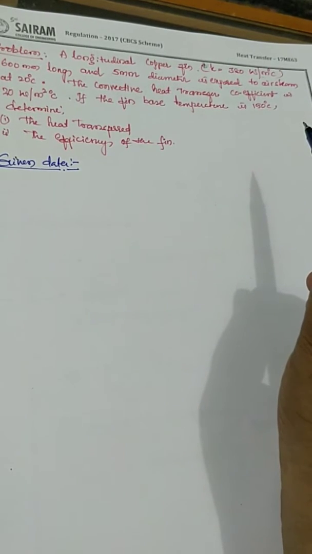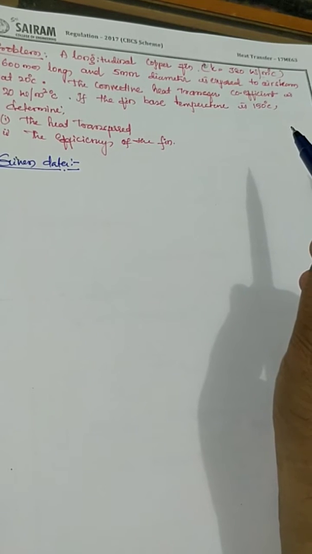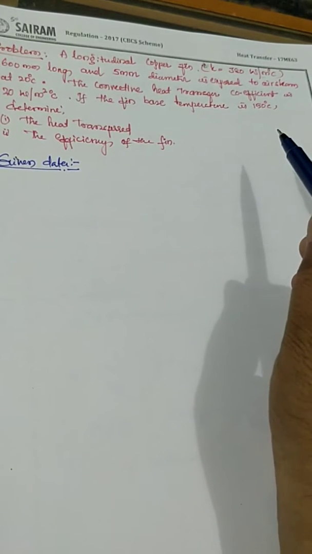The convective heat transfer coefficient is 20 watt per meter square degree centigrade. If the fin base temperature is 150 degree centigrade, determine, first, the heat transferred. Second is the efficiency of the fin.